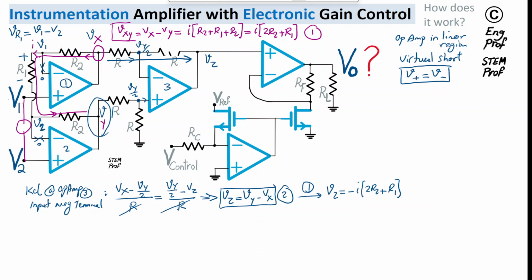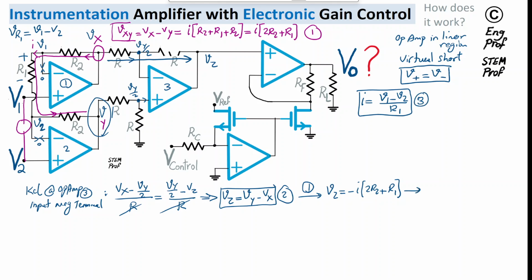I can also write a simple equation that finds the current I flowing from V1 to V2, which is basically just V1 minus V2 over R1. So I can write current I is simply V1 minus V2 over R1. Let's refer to this as equation number 3.